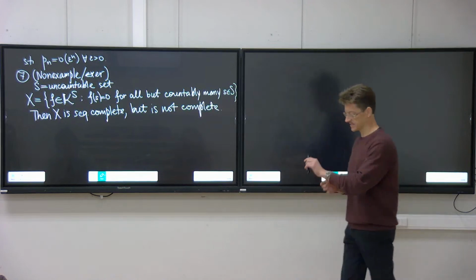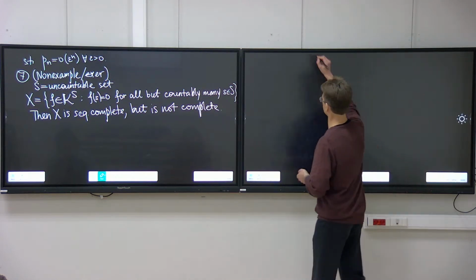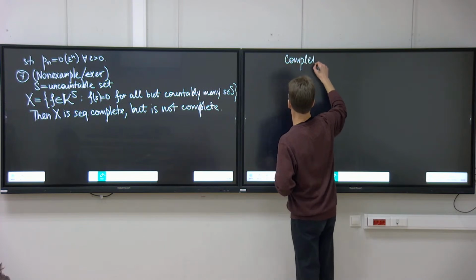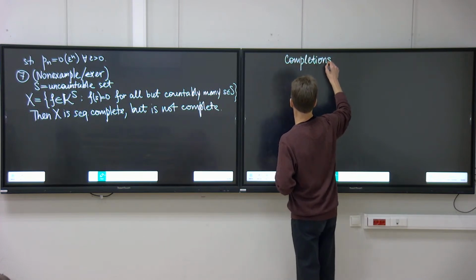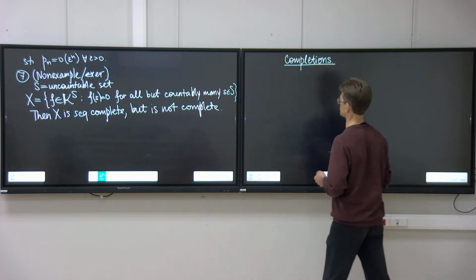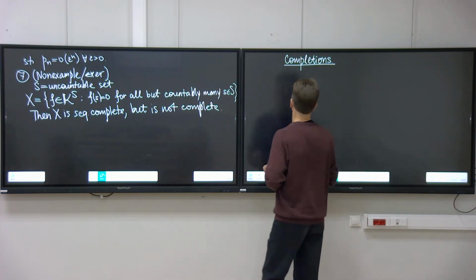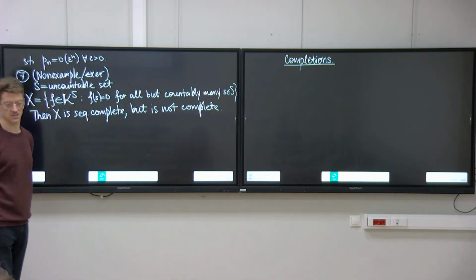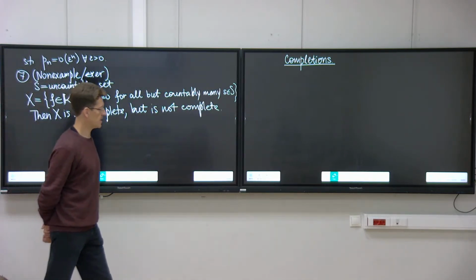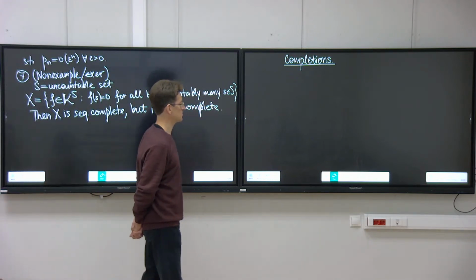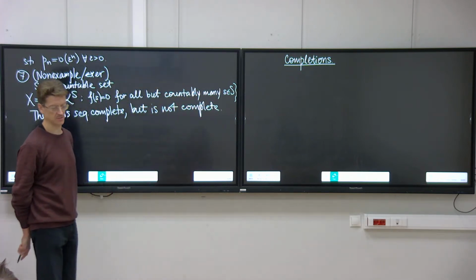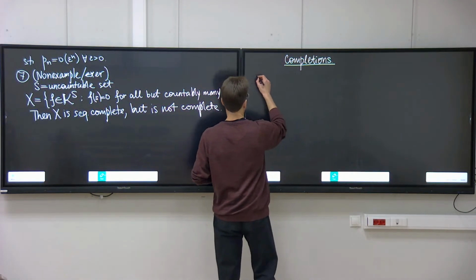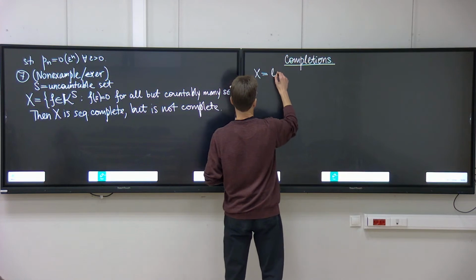Okay, let's now talk about completions. Again, for simplicity, we will consider completions in the context of locally convex spaces. But in fact, this notion makes sense for arbitrary topological vector spaces. So suppose that X is a locally convex space.